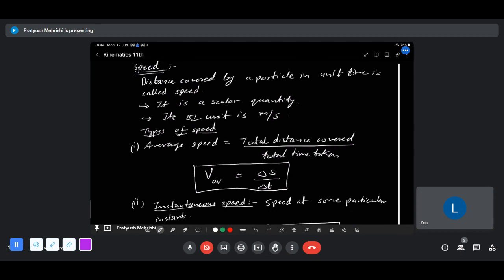Its SI unit is meter per second. Now we will see several types of speed. We will study four types here: average speed, instantaneous speed.